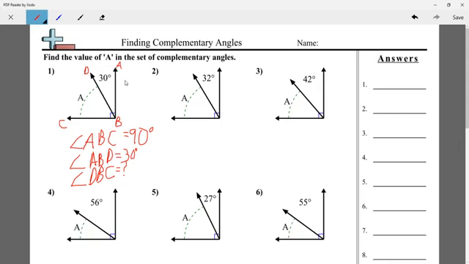So that means 30, right, which is ABD, plus blank has to equal ABC, which is 90. Or, to put it another way, 90 minus 30 equals, excuse me, sorry, 60. Right? So this is 60 degrees right here.